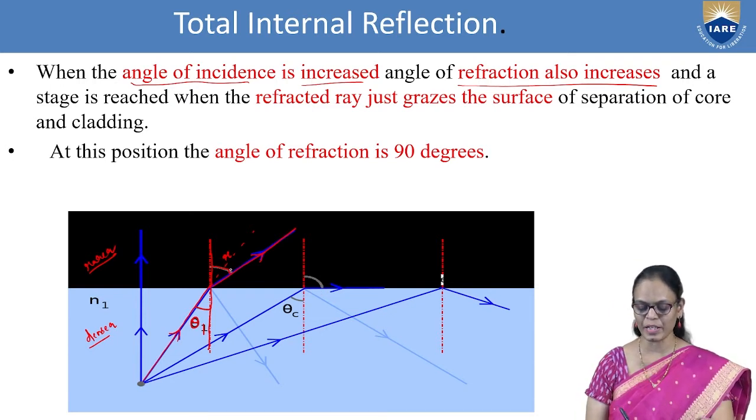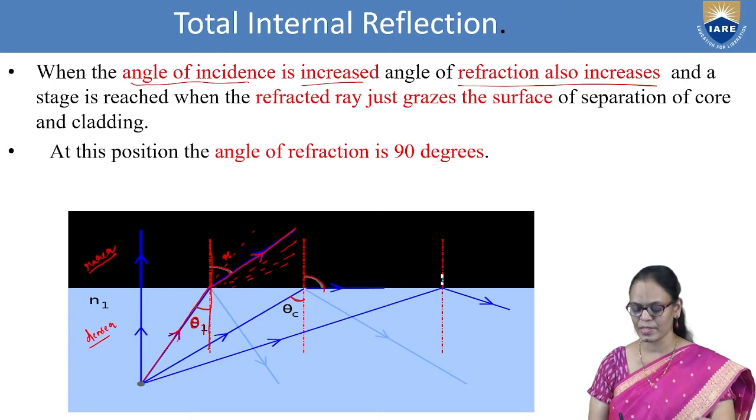So what is happening here is, as we increase this, the angle of refraction also increases and the ray bends away from the normal. As it bends away from normal, at one particular point or at one particular angle of incidence, this ray grazes the surface, touches the surface.